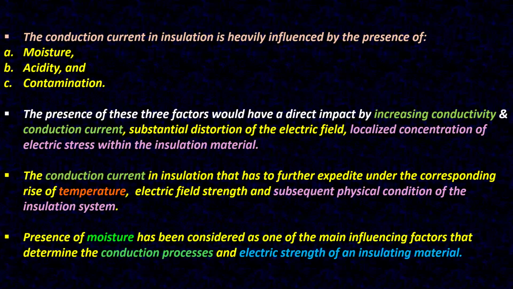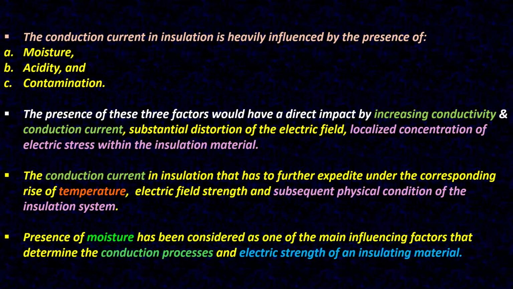The conduction current in insulation is heavily influenced by the presence of moisture, acidity, and contamination. The presence of these three factors has a direct impact by increasing conductivity and conduction current, and causes substantial distortion of the electric field and localized concentration of electric stress within the insulation material.